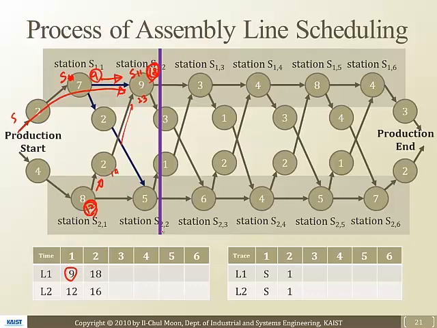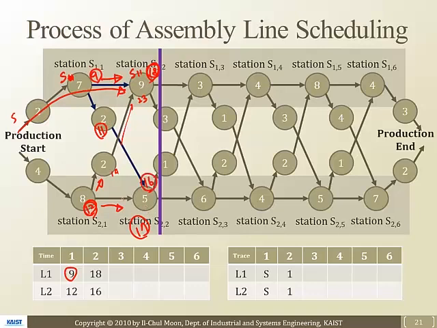And what's the best way to get to station 2, 2? The answer is that if we just take the product from S2,1 on the same assembly line, it will take 17 minutes, right? On the other hand, if we take the product from station 1, 1, 9 minutes, then 2 minutes in the middle, and then 5, that makes 16 minutes.